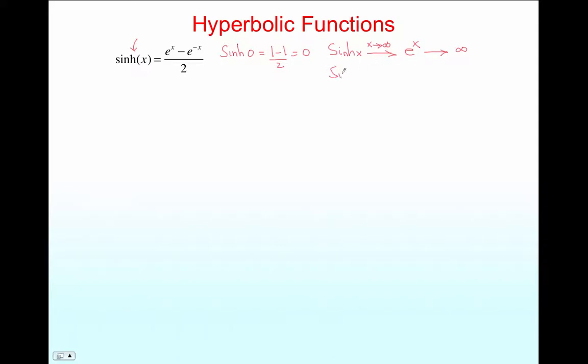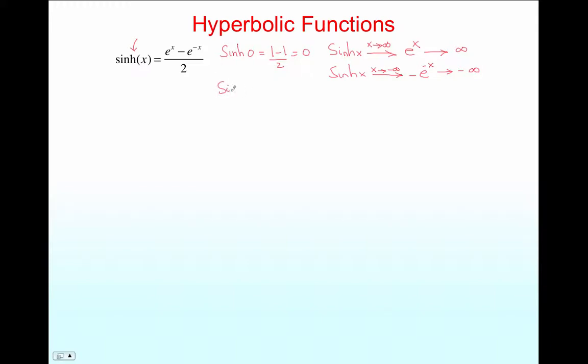On the other hand, if we look at values of x as x becomes very large but in the negative direction, so as x goes to minus infinity, then you see over here that e to the x will go to 0, but then here we have e to the minus x, that's very, very large, and so this goes to minus e to the minus x, and that goes to minus infinity because of the minus sign over here.